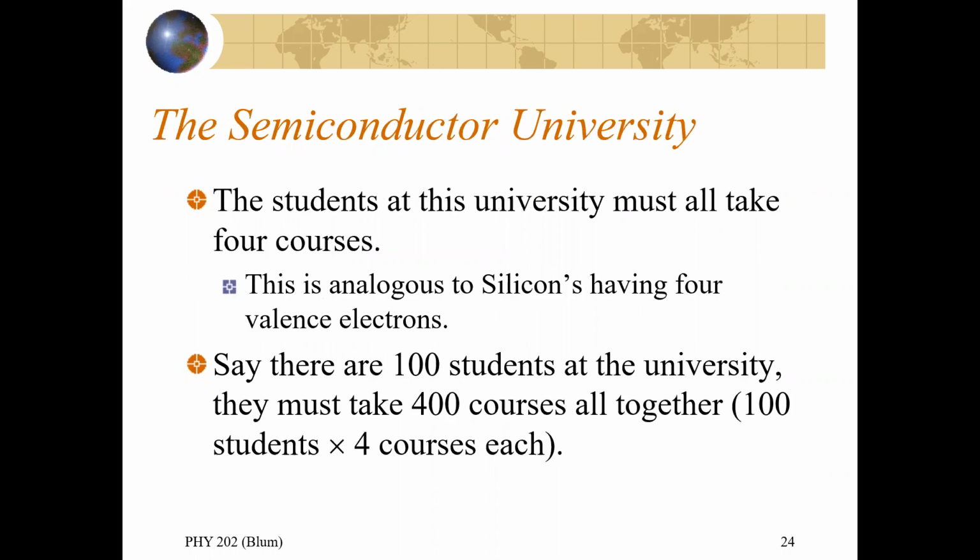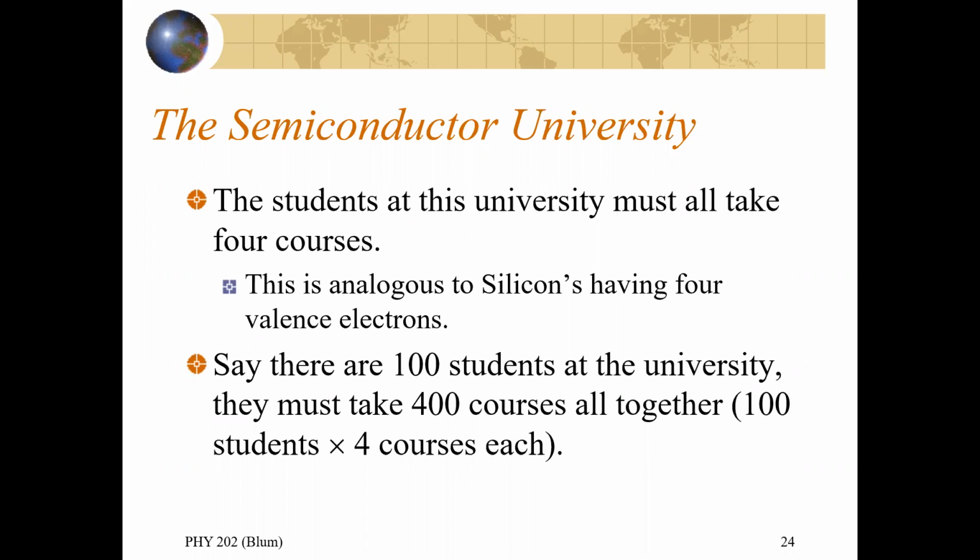Okay. So now we're filling up these classes. In this small university, we have 100 students, and they're each taking 4 classes. And I didn't choose the number 4 arbitrarily.